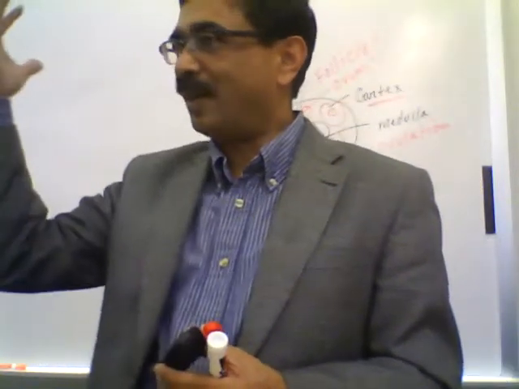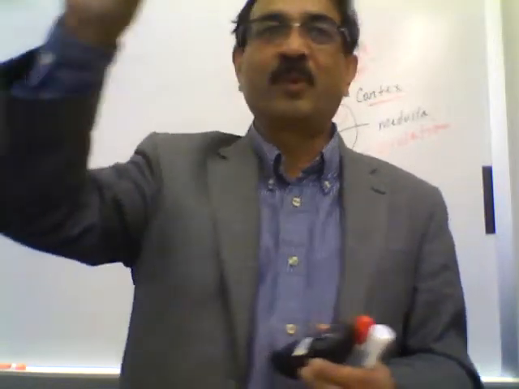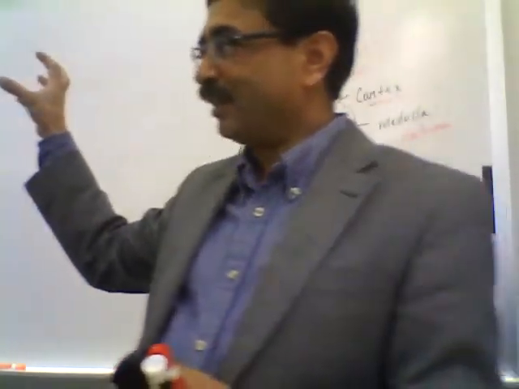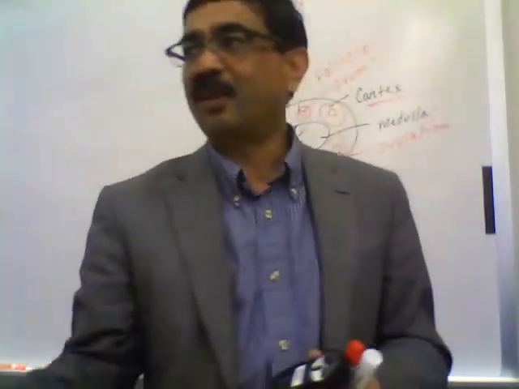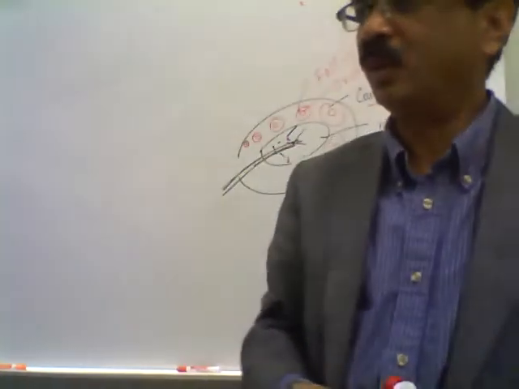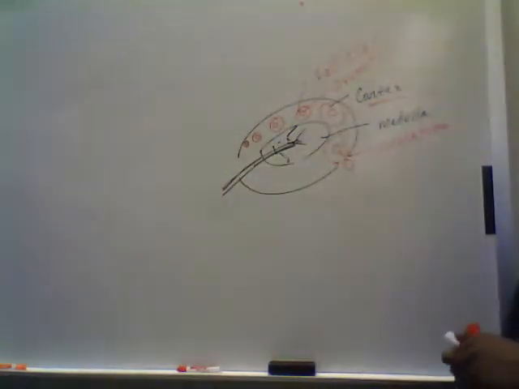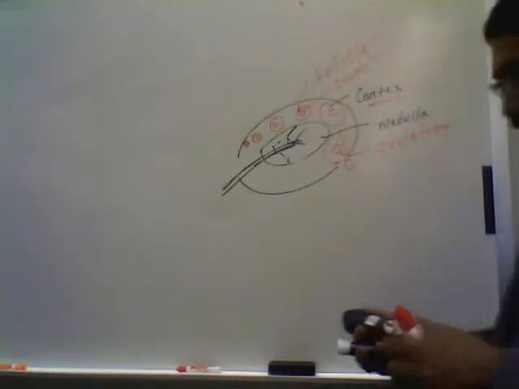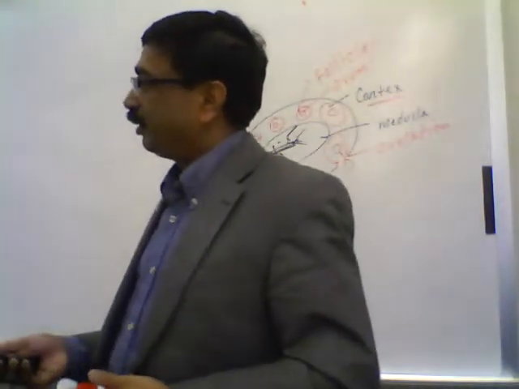The seed will come out, right? So the seed is the ovum or egg, right? And the whole fruit is what? The follicle. Make sense? So when the follicle ruptures, the seed or ovum or egg will come out, and that is called the ovulation. Okay. So those are the different stages of follicles during maturation.